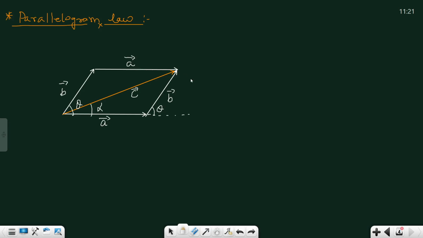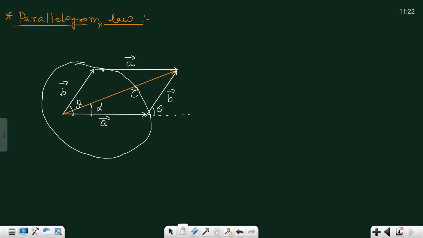Sir, can you please explain this again? This theta part. No, the entire one, I had network issues, so I couldn't hear you. In parallelogram law, you will be able to show all the possible parallel shifting of the vectors. This one, if you see only this part, this one. So this is the triangle law. This one is the triangle law.